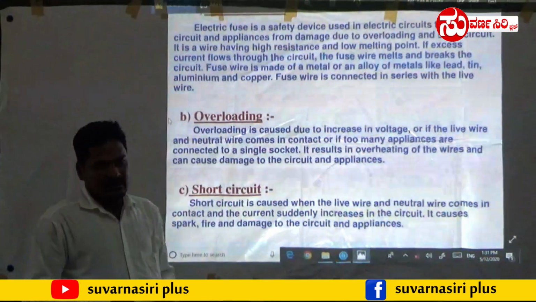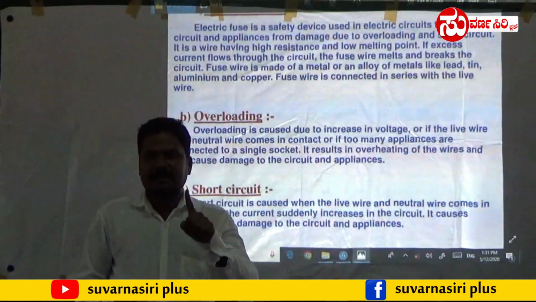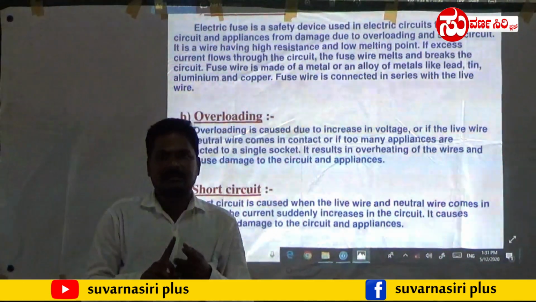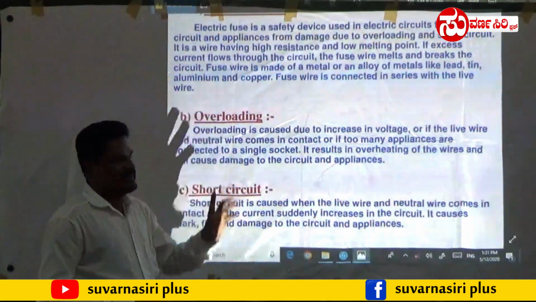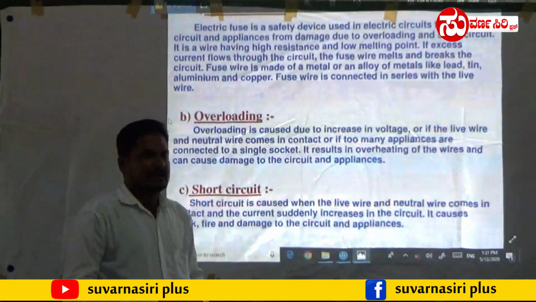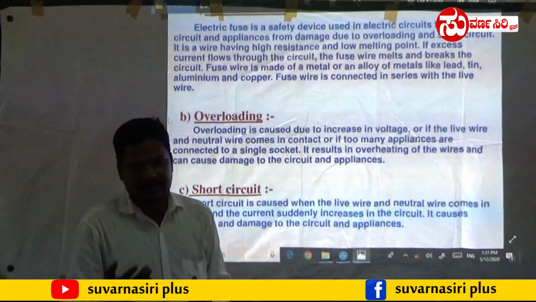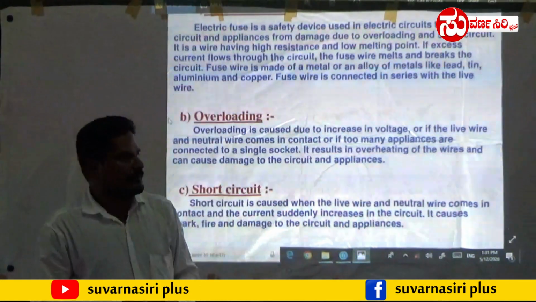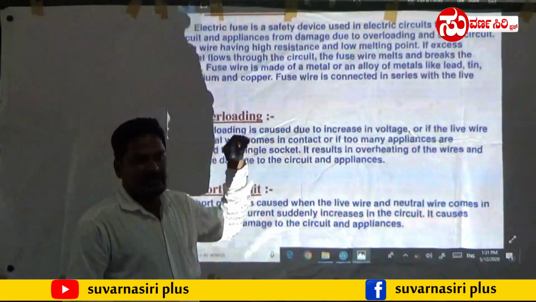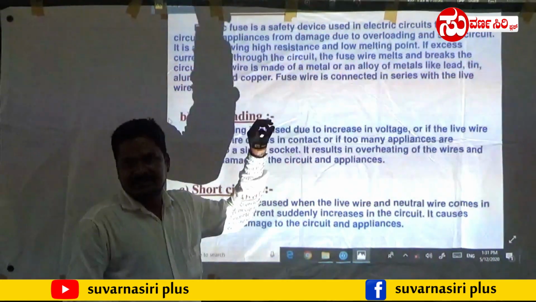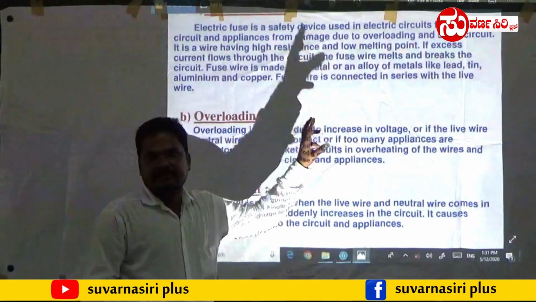And if the live wire and neutral wire both come in contact, at that time there is overloading. Next, if too many appliances are connected to a single socket, as we have the habit of doing, in one socket we connect a charger, and operate a refrigerator, and operate a TV.